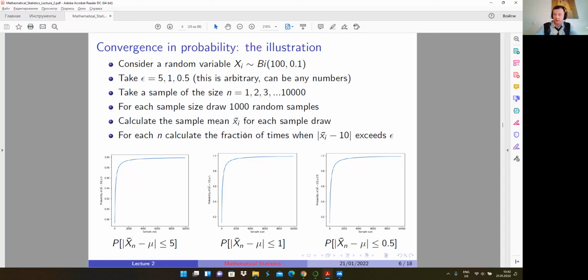Is the idea clear? What happens here? Once again, I could have shown this with the help of formulas: the probability that the sample average minus 10 will not exceed 5, and then we will see that this probability goes to 1 when n increases.